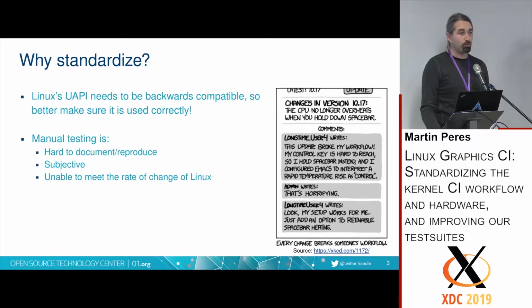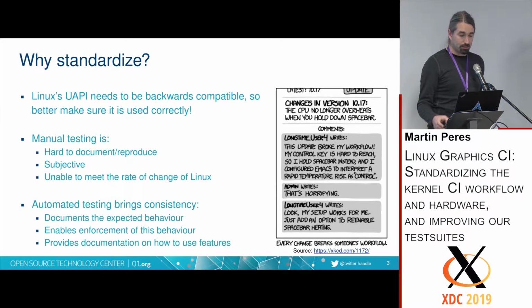And even if the developer extensively documented the test plan, the results are going to be subjective. What one person could say is unacceptable, another one could say, no, it's perfectly fine. This is especially true for performance. And also manual testing doesn't really scale with the rate of change that Linux is going through. So that's the problem with manual testing.